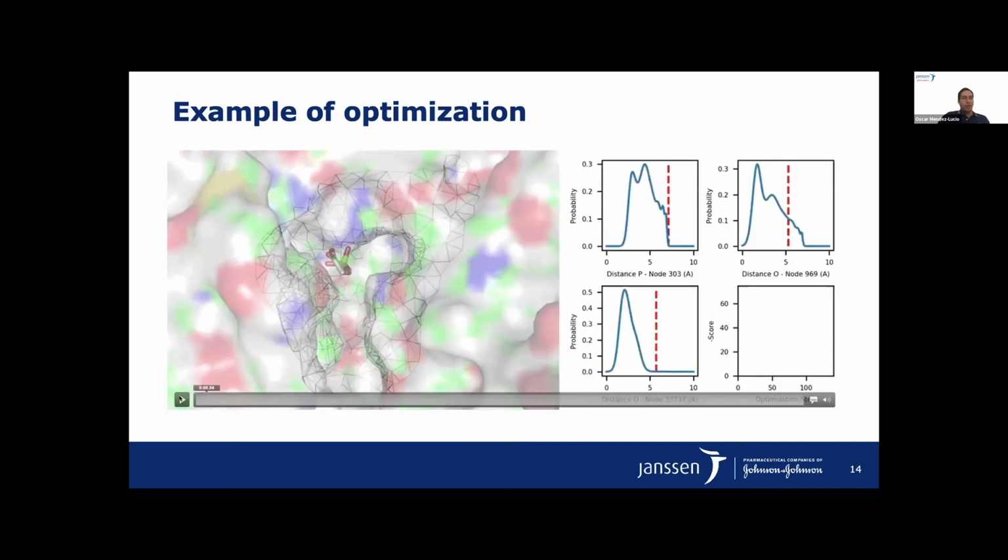So this process looks like this. You start in a random place in your protein or in your mesh. As you can see here, the likelihoods are quite low for this conformation. And you will see here how the score increases. So we get very fast to a position where the ligand is in the actual binding pose.